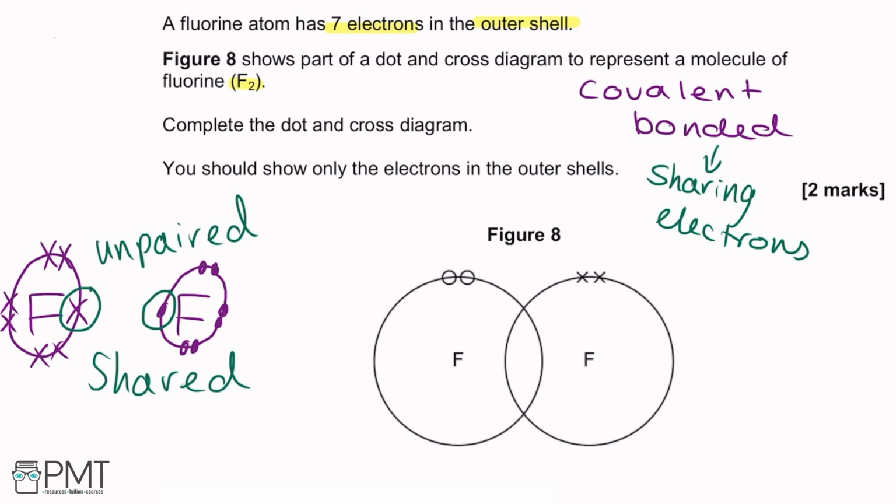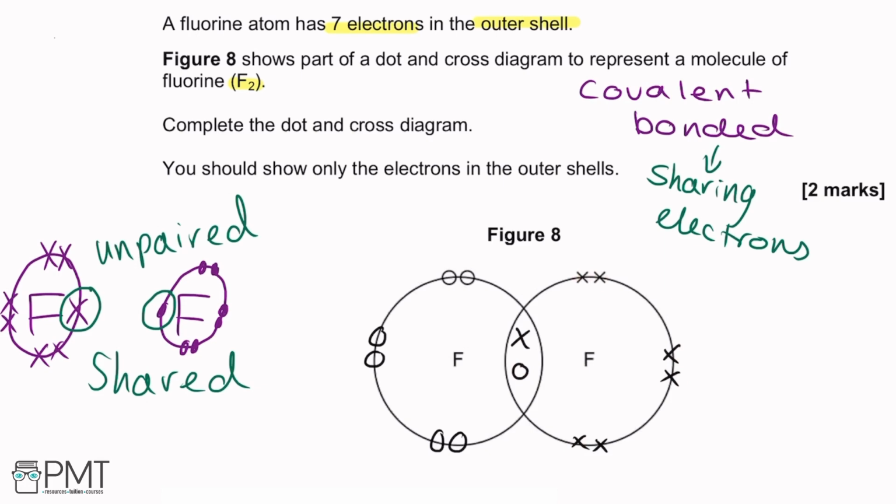So we'd have a cross and a dot in the middle, and then we'd have 6 electrons in each of the individual atoms. So if we look at this fluorine here, we've got 1, 2, 3, 4, 5, 6, 7, 8. And then if we look at this fluorine here, we've got 1, 2, 3, 4, 5, 6, 7, 8.